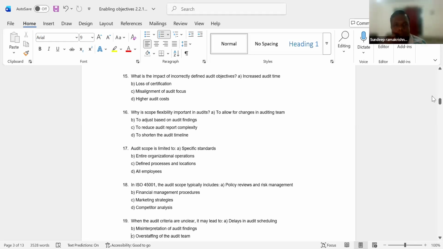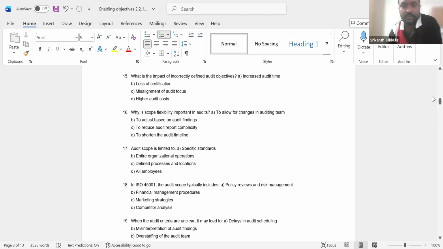Okay. Sir, in 15, why is loss of certification also not considered? Because the organization gave some incorrectly defined audit objectives, so the chances are the certification is not issued, sir. No. See, audit objectives, who will define?